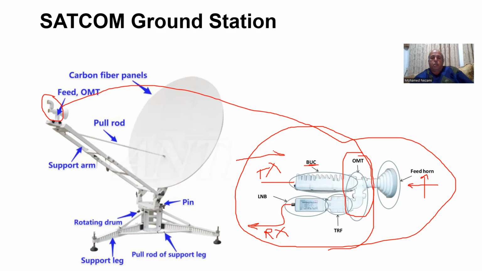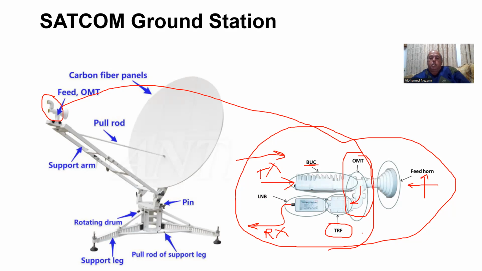If you have a signal you're transmitting in here, very little will leak into the receive side, even though you have a TRF, which is a transmit rejection filter.